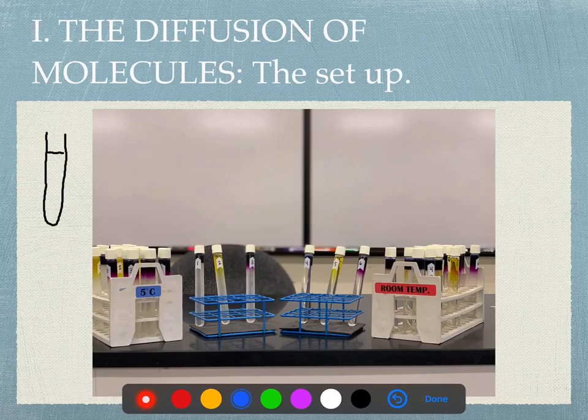And once the jello solidified, then our lab tech added a liquid dye, or a dye that's been dissolved in a liquid, on top of the jello, and then they capped it with a screw cap. That way it wouldn't leak out.